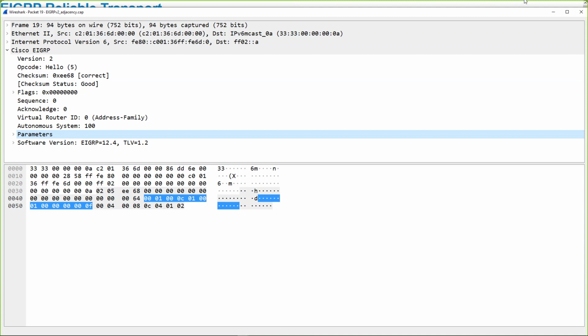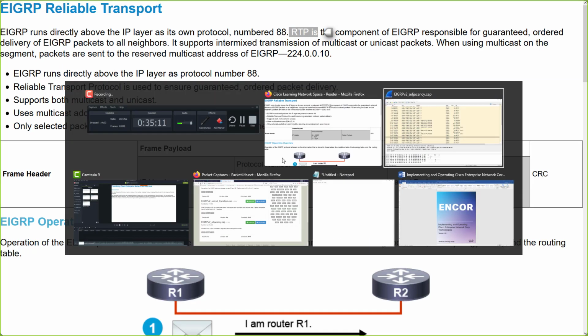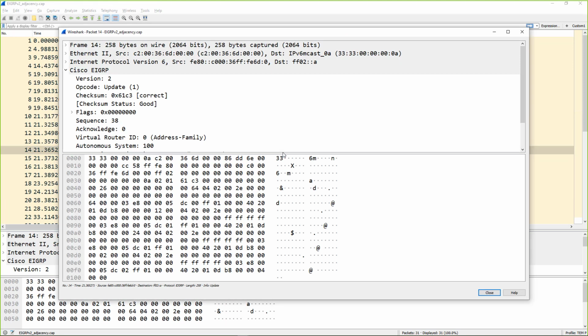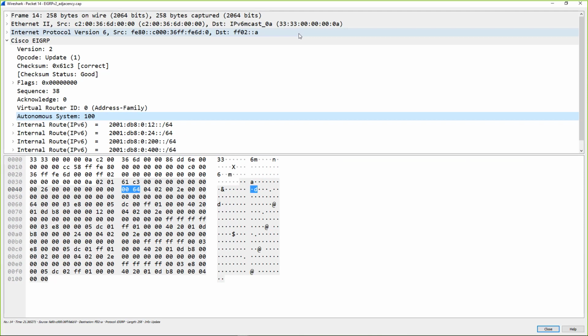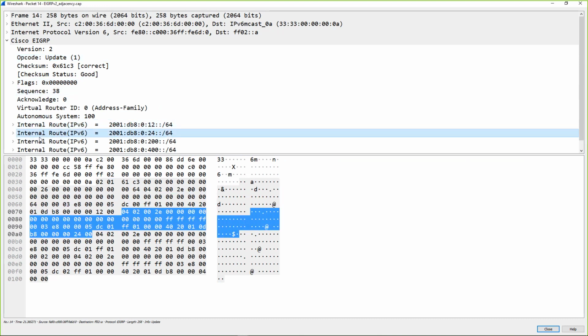If I go back to my list of packets here and go to an update, for example, you'll see that you have the same kind of fields in the header. Let me expand this. You see the same fields in the header, but the payload information is different.